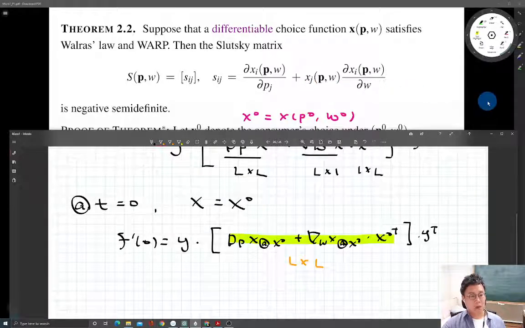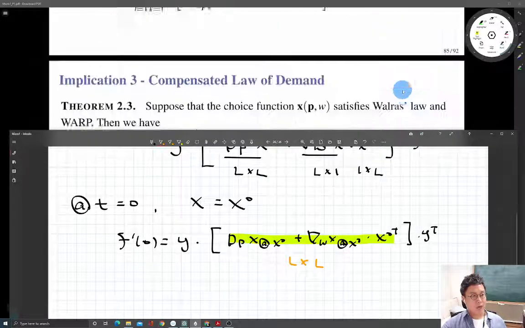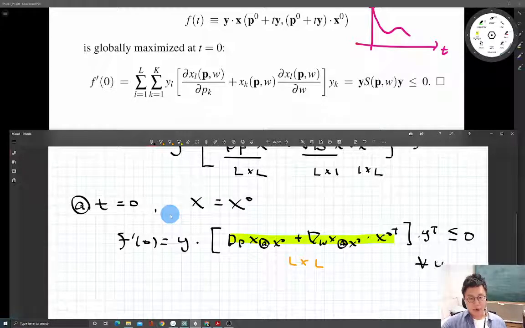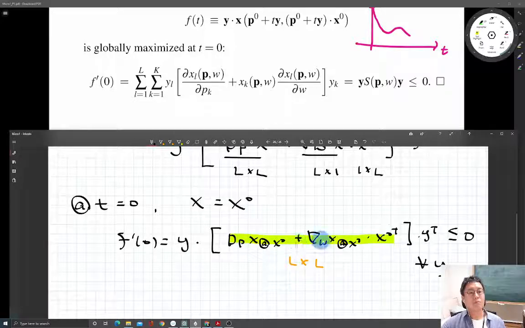Okay, so because we know that the sign of the derivative at 0 is non-positive, this should be non-positive for every directional vector y. That means the matrix in this bracket is negative semi-definite.